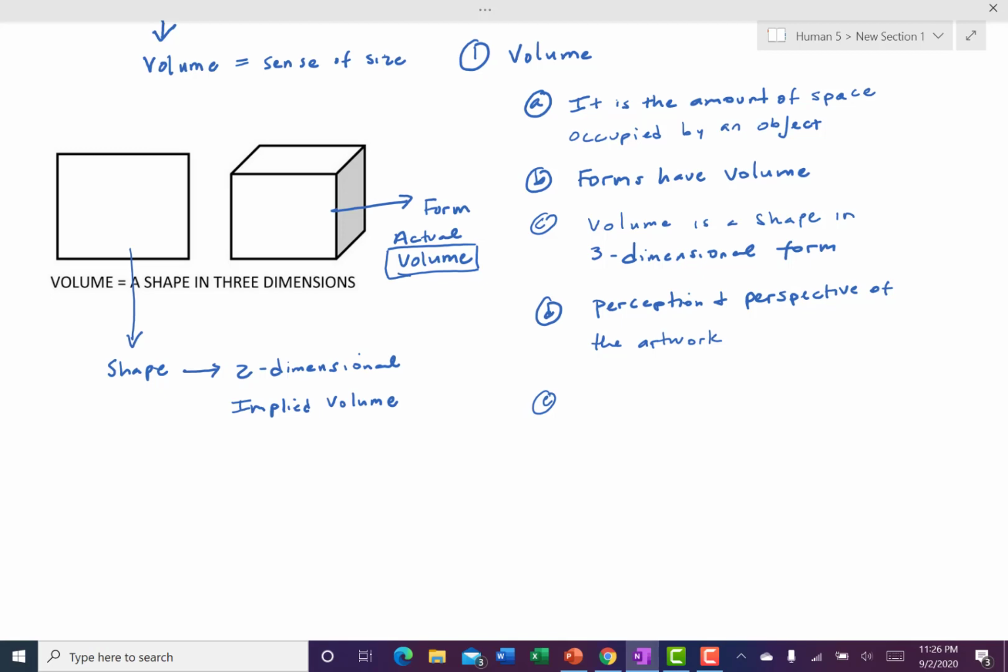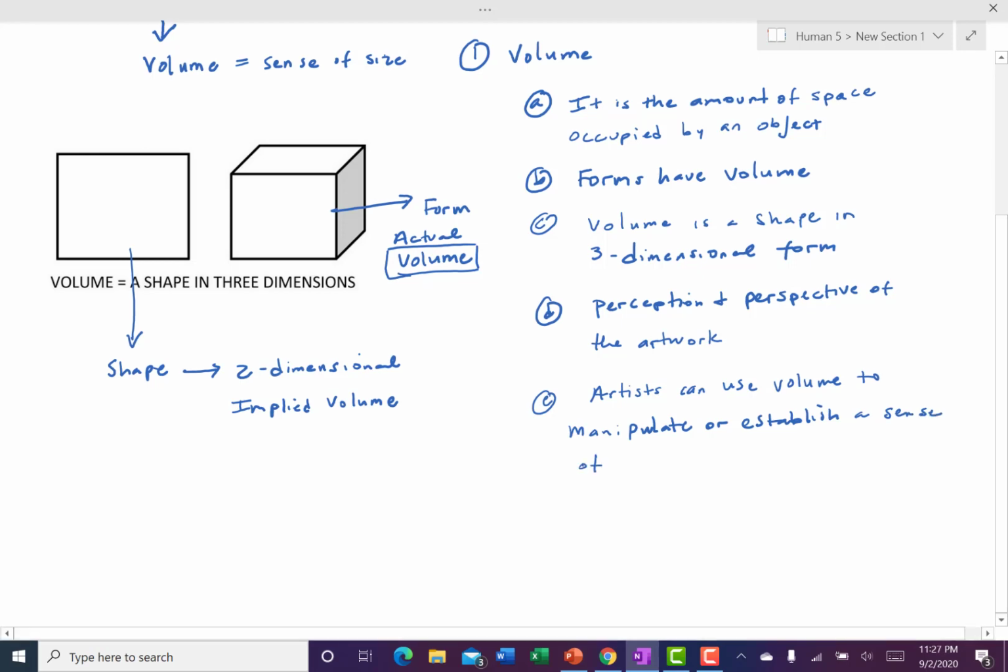And artists can use volume to not only manipulate, but establish a sense of awe or a feeling of being large or feeling of being small, right?